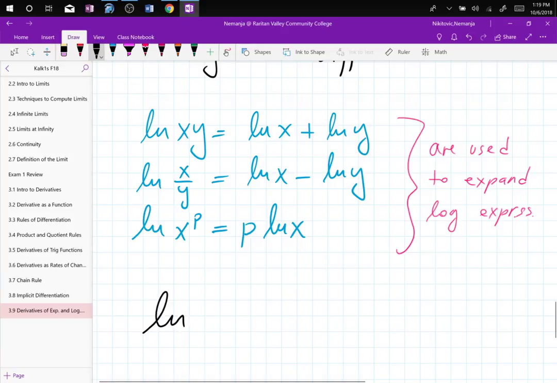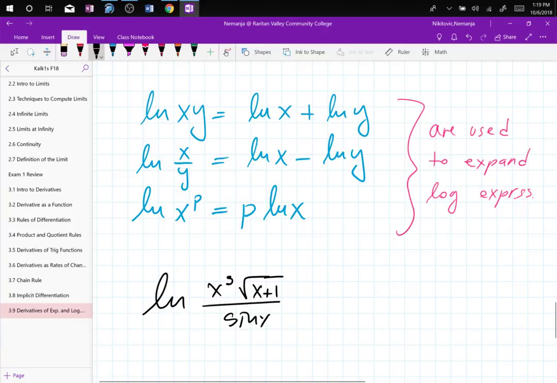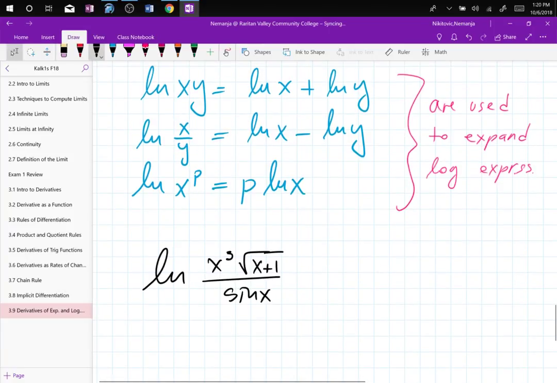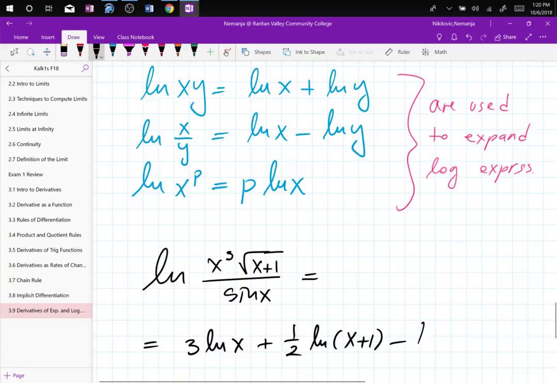If I have ln of x cubed square root of x plus 1, divided by, say, sine x, using the three formulas up there, I will write 3 ln x plus 1/2 ln of x plus 1 minus ln sine x. This is the skill that you need to know and review for the next class.